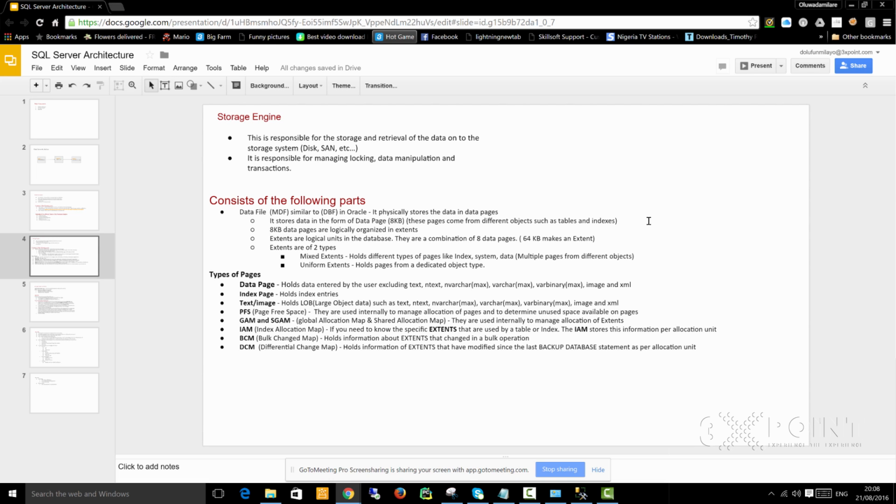All right? Okay. So having said that about 8 KB pages, because there are different types of pages that we'll talk about as well, these pages are also logically organized in extents. And what do we mean by extent? Extents are logical units in the database. It's just a way to organize our pages, and they are a combination of 8 data pages.